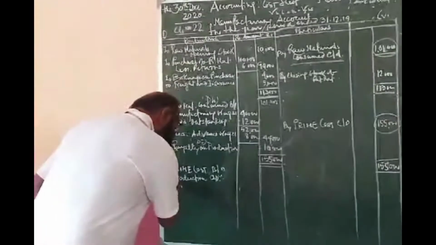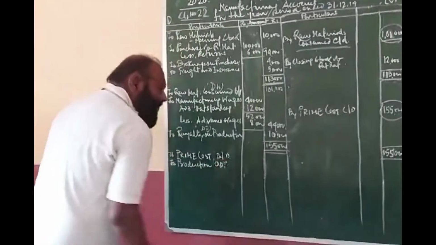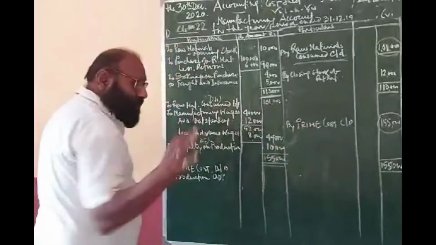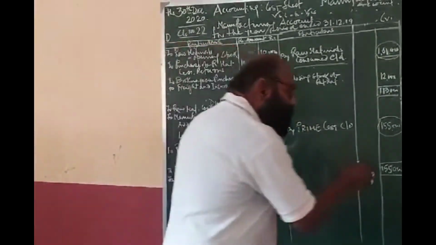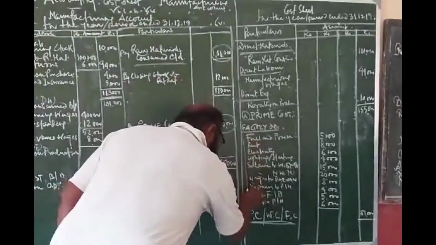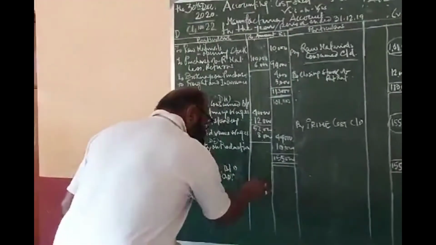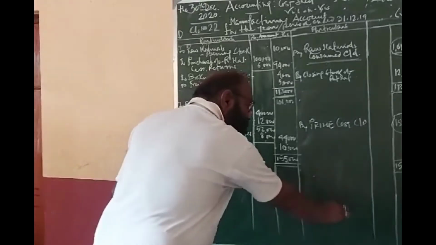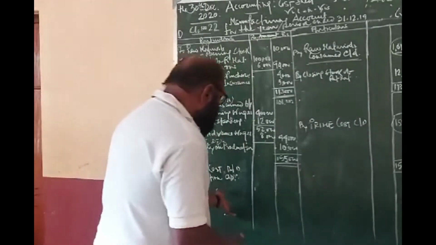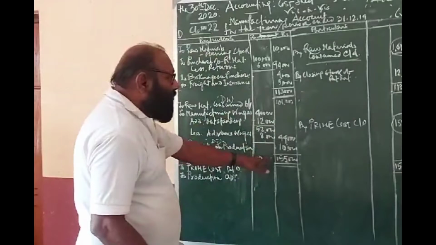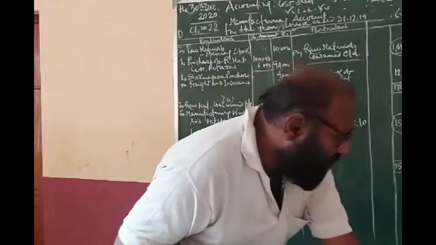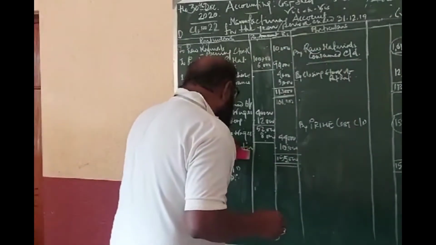Here also we have to add factory overhead. Then you should make the detail of all this, written over here in the inner column, and then it should be put in the outer column. Since we are not getting any space, I am rubbing this part and putting these items.